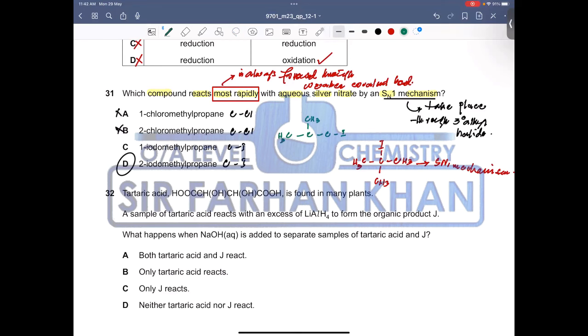And obviously you can see it is a primary, 1-degree alkyl halide, and a 1-degree alkyl halide always undergoes SN2, not the SN1 mechanism. So obviously D is going to be the correct answer.